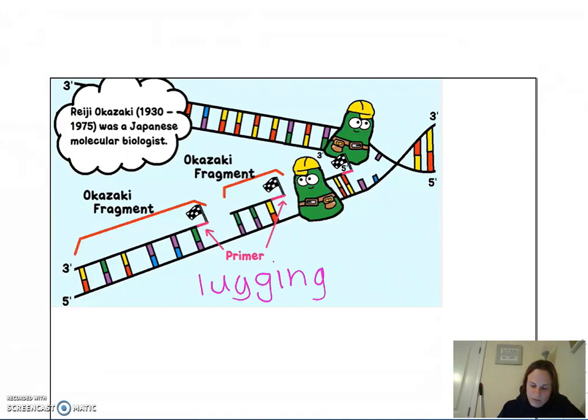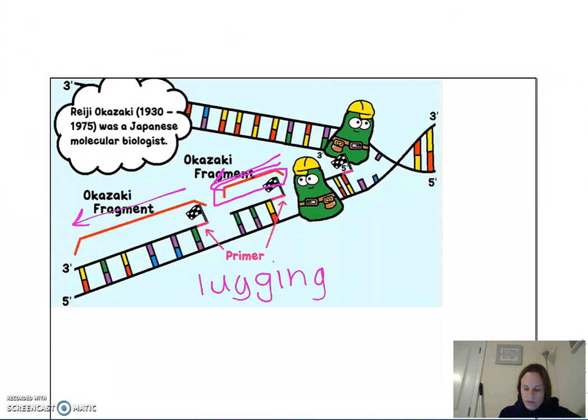DNA polymerase can only read in the 3' to 5' direction. So now you've got these little fragments that are going to form. These fragments are known as Okazaki fragments.